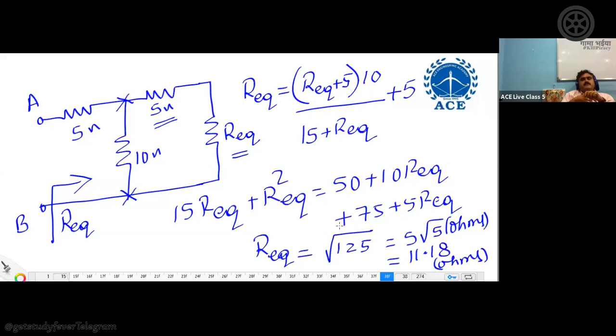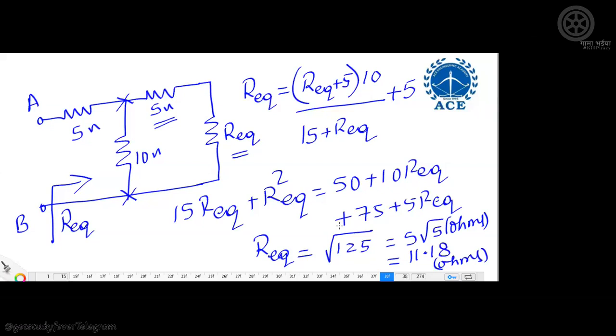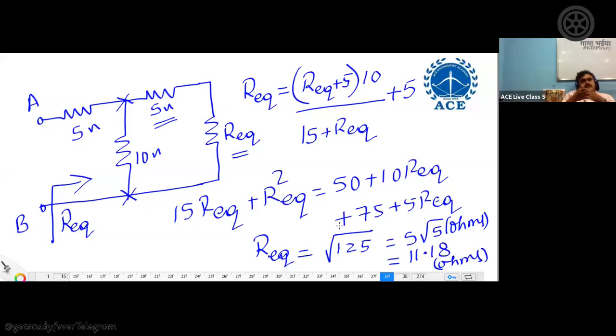You are writing the expression as a function of time for t greater than ts. If you write u of t minus ts, what is meant by u of t minus ts? It is nothing but a step function defined for values of t greater than ts, right? So the same expression we define mathematically in terms of an equation for t greater than 0. If you want to write in signal format, you write u of t minus ts.